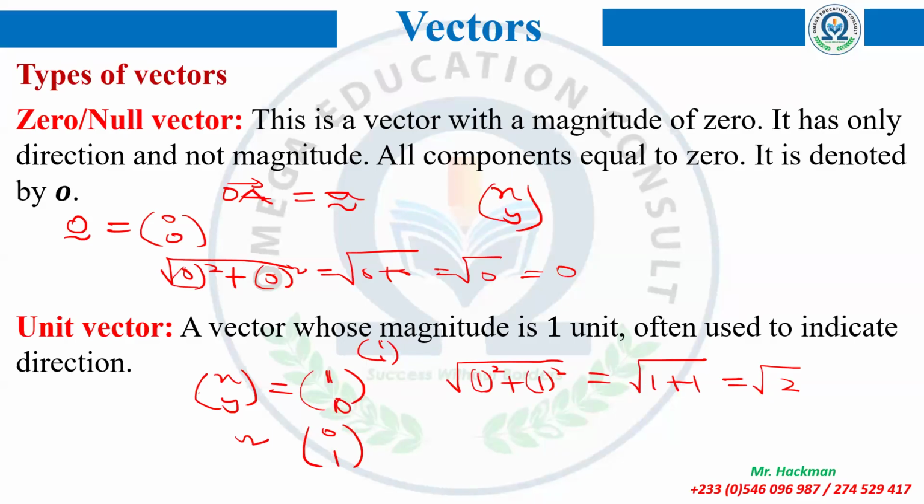So a vector with S component 1, Y component 1 has a magnitude of root of 2 units. Once it has a magnitude of root of 2 units, we cannot call this vector with entries 1, 1 a unit vector, because its magnitude is not 1 unit. You get the point?